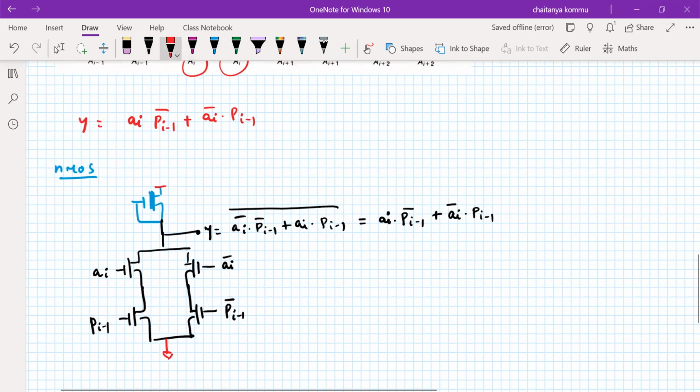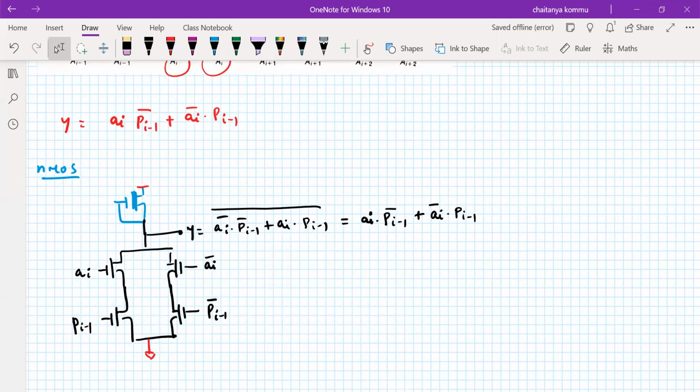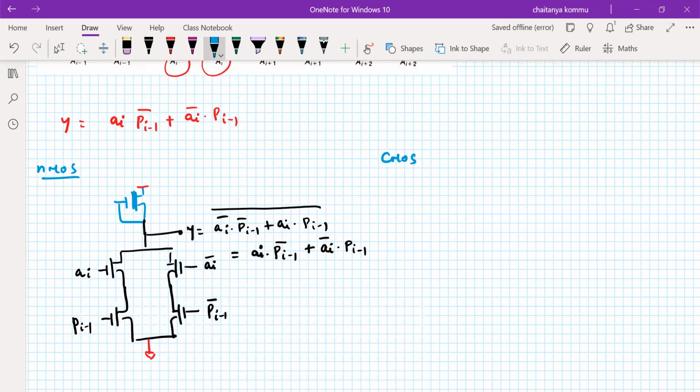Now in the CMOS implementation, what will I do? For the bottom transistor, for PMOS, I should consider the PMOS transistor.